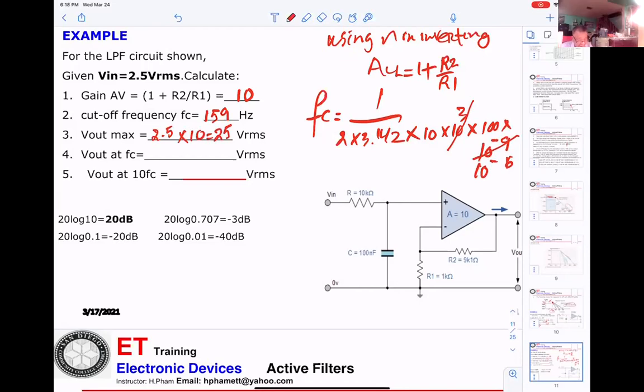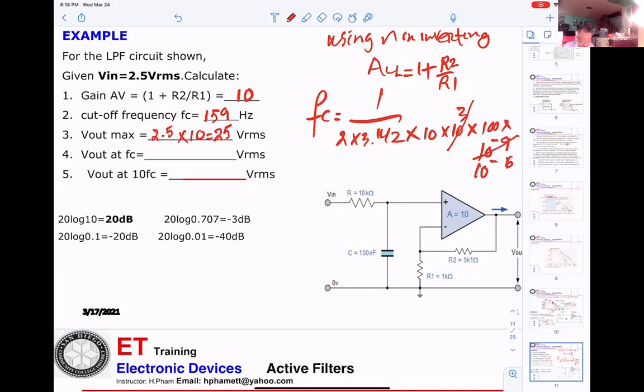And then now they want to get the V at the cutoff frequency. 17.7, 17.5.